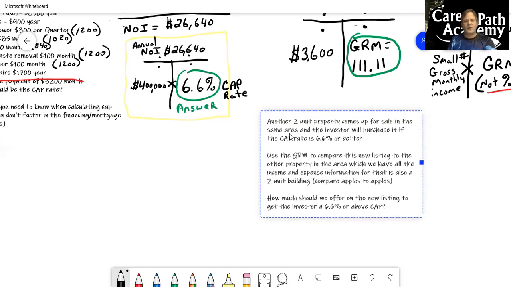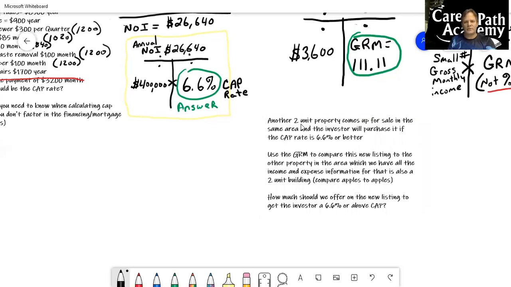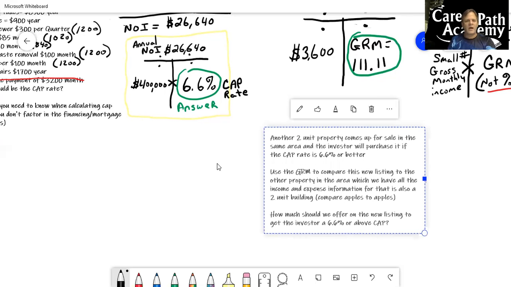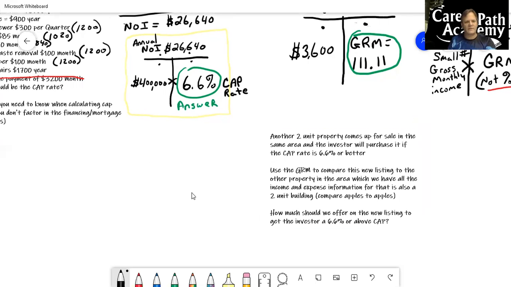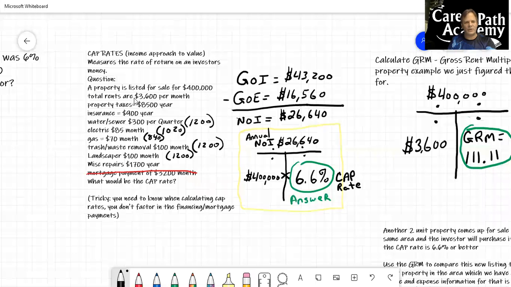All right, so this is going to be a separate problem. However, I'm going to need to modify this information a little bit because I did not tell you what the rents were.